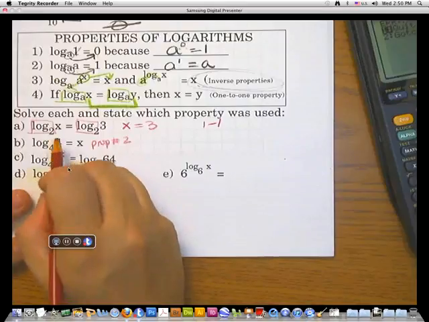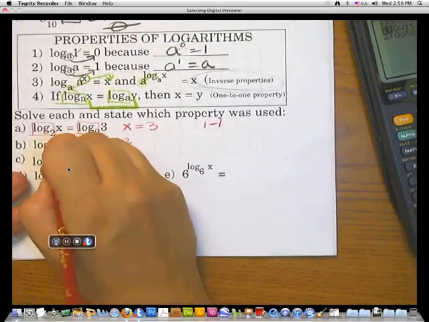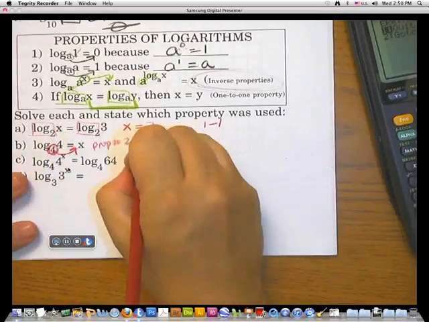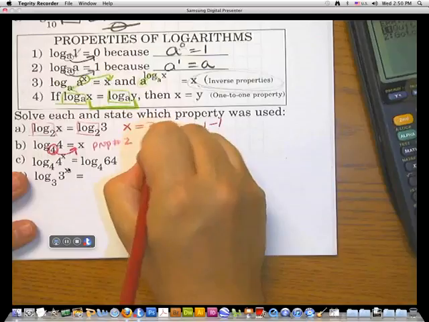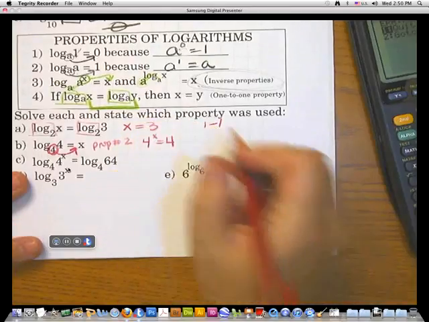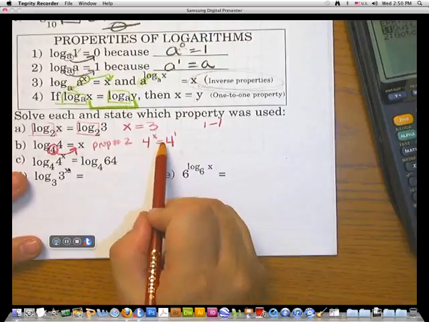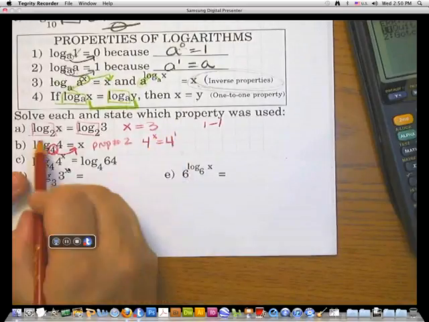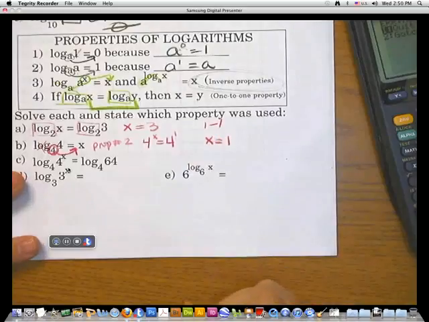That says if my base gets to kick up, so 4 to the x is 4. So 4 to the x equals 4 to the 1. The word log goes away, so x must be 1.